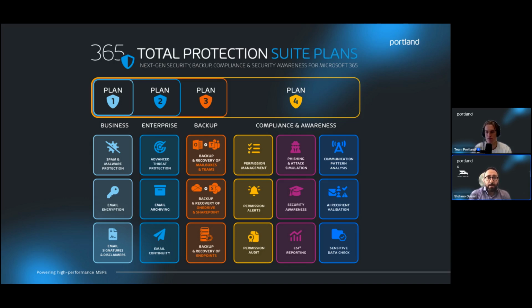Then we have the last block, which is a tool that uses AI to check the recipient and the content of the email. The goal of this is to avoid an email being sent to the wrong person, or sometimes sending some inappropriate content.